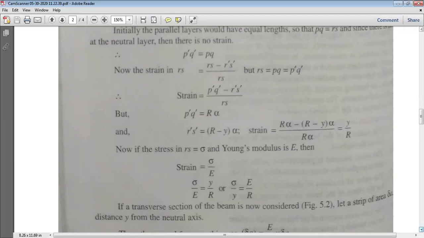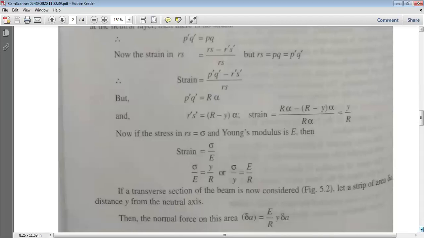So Young's modulus of elasticity E, so strain equals sigma by E, where sigma is stress. Substituting these two values, Y by R must be equal to sigma by E, because these two are the strains and they are equal, so they can be equated. So Y by R is equal to sigma by E, or we can say sigma by Y is equal to E by R. This is the basic concept of bending stress.